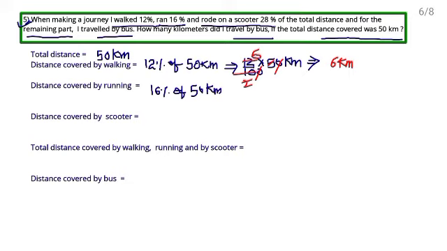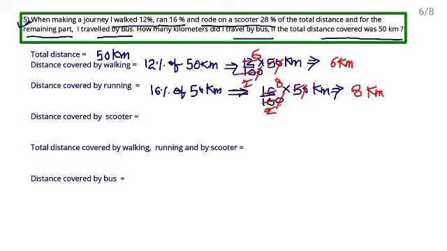Here, how can we write 16%? 16 upon 100 of means multiply 50 kilometers. 0 to 0 cancel out. 5 2s are 10. 2 8s are 16. So by running he has covered 8 kilometer distance.